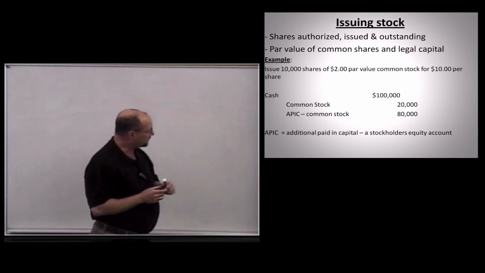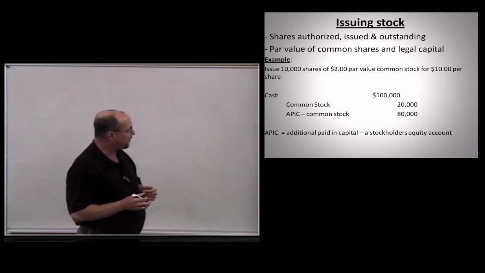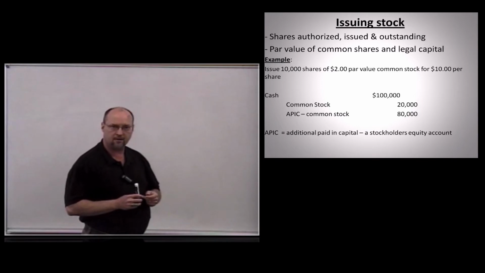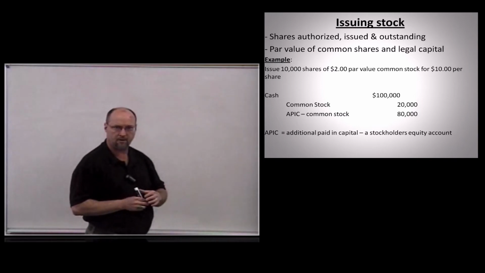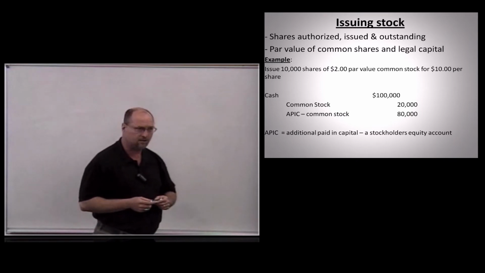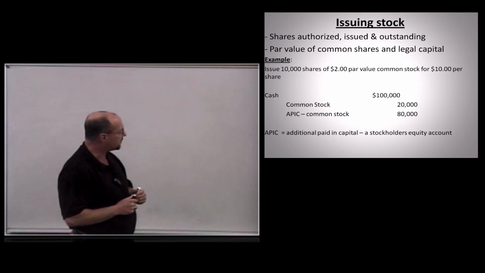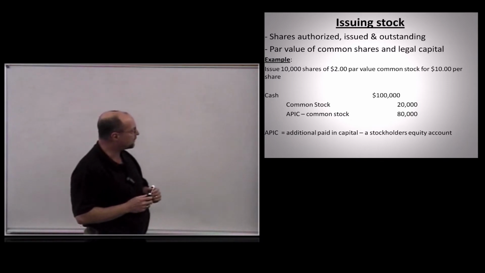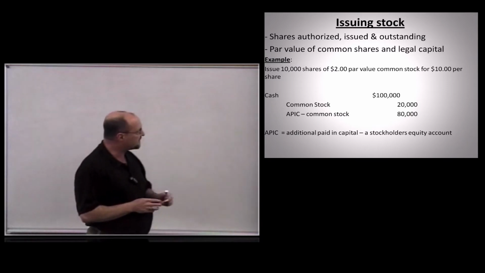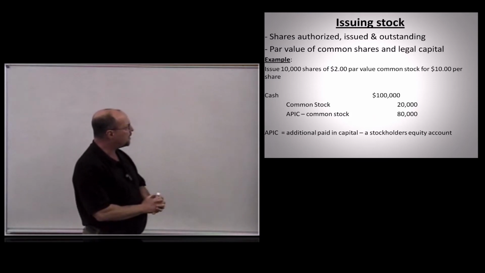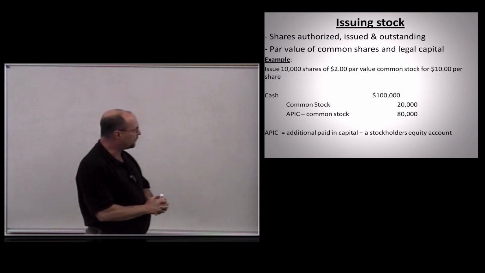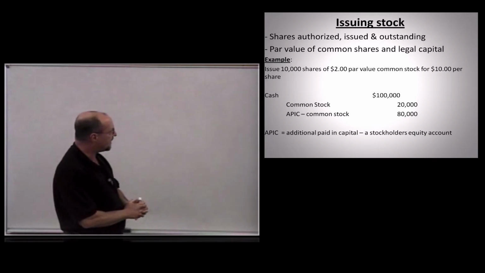So in our example, let's assume we authorized 50,000 shares, or we requested the state to authorize 50,000 shares, and they granted it. We don't have to sell all 50,000 at once. So we issue 10,000 shares of stock for $10 per share. Now, let's read this together: 10,000 shares of $2 par value common stock for $10 per share.